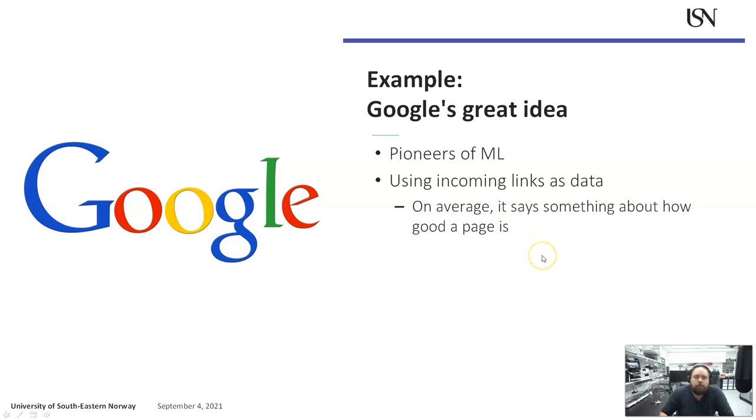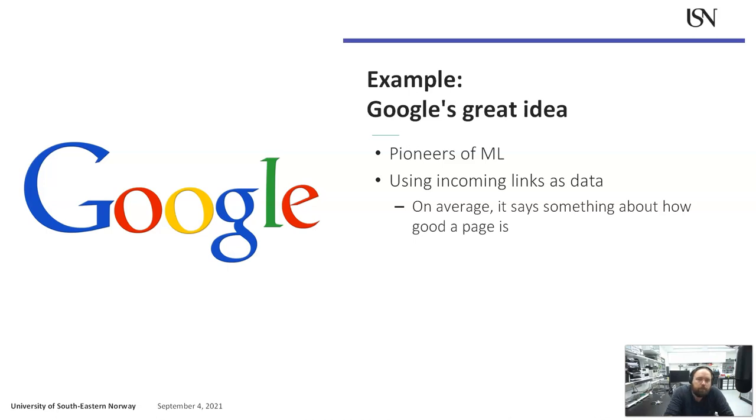However, what Google thought about was using incoming links as data. They understood that by nature of how the World Wide Web works, if some other page linked to, or had a link pointing at one of those search hits, that indicates that some user somewhere on the World Wide Web thought that this particular web page was worth others reading.